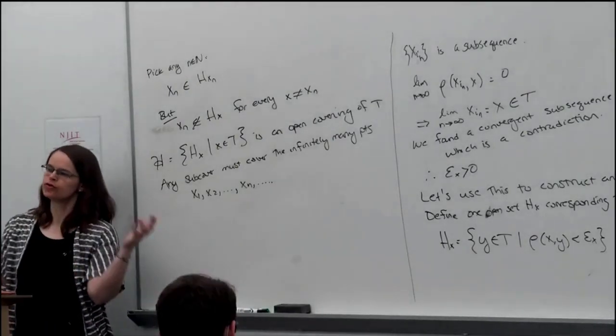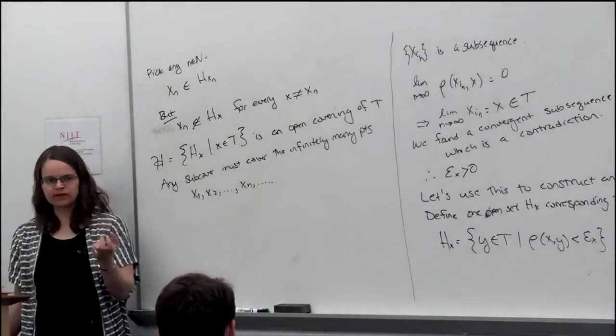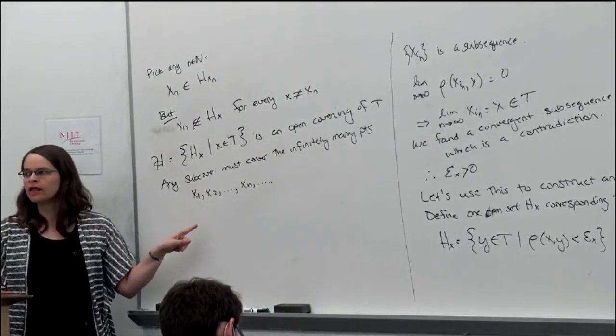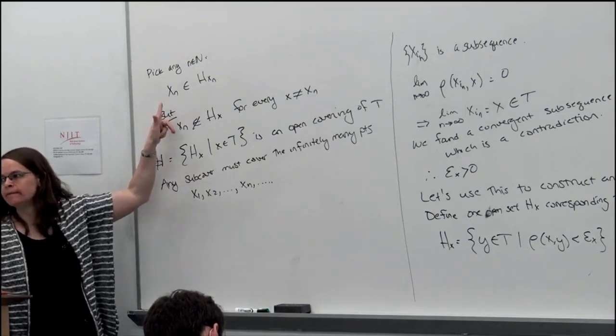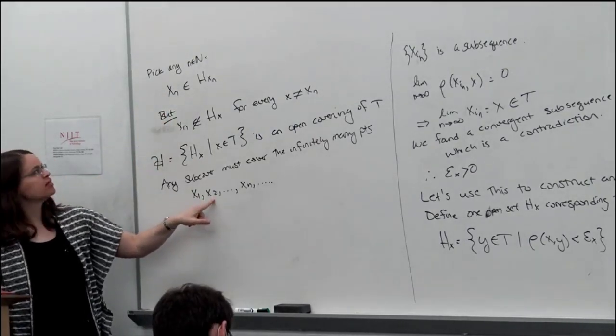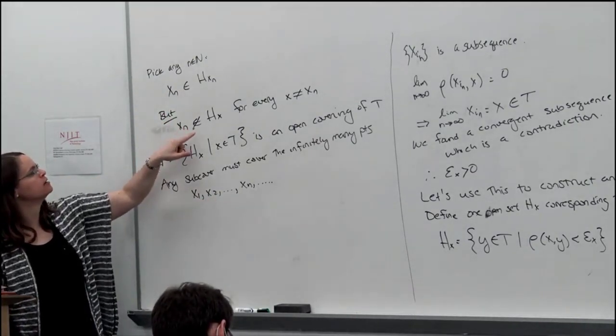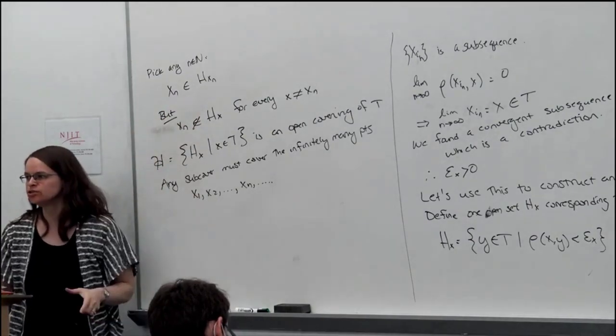So I can start throwing out sets, but I have to keep at least one set that contains x1. Well, actually there's only one set that contains x1. I have to keep at least one set that contains x2, but again, there's only one set that contains x2.